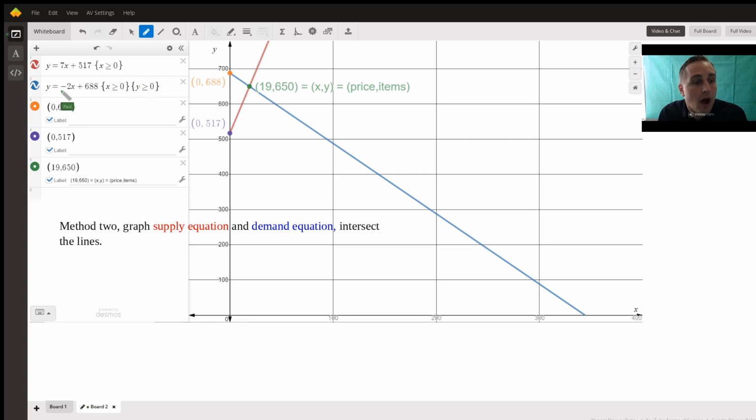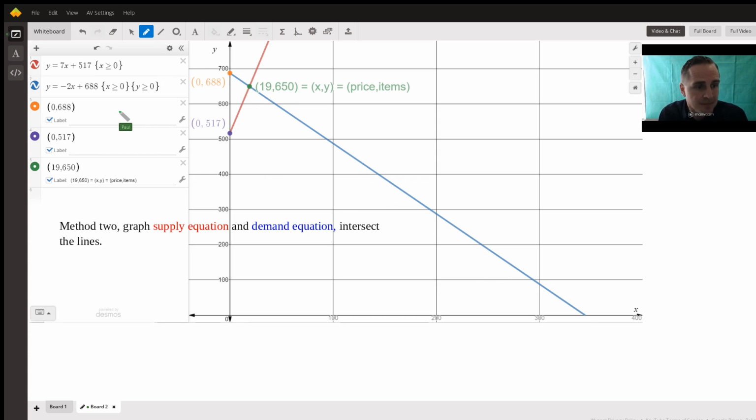So also we want the blue line, which is sloping downward, negative 2X plus 688. We want X to be, again, positive or 0, and then Y to be positive or 0, which is to say we don't want a negative price, but also we don't want a negative number of items sold. So notice the blue line slopes down like this.